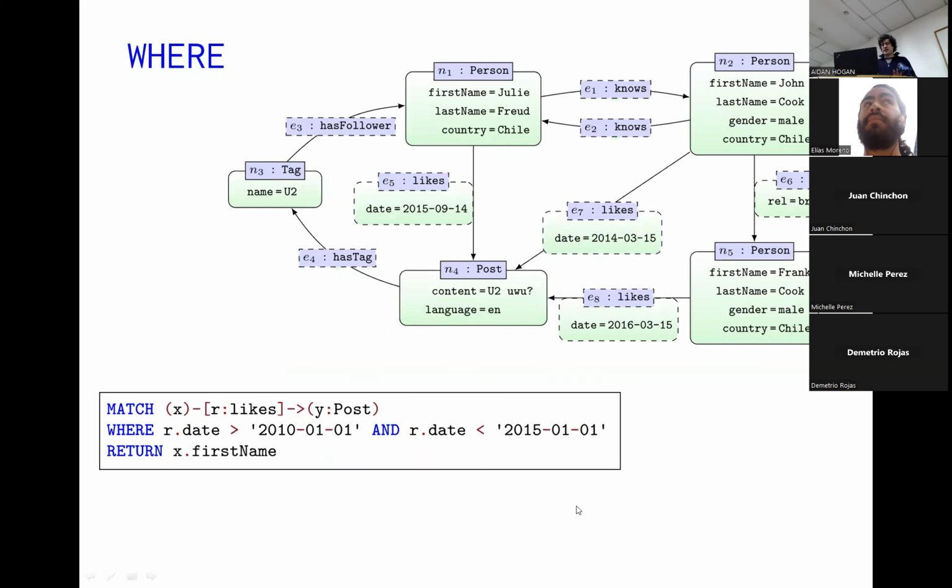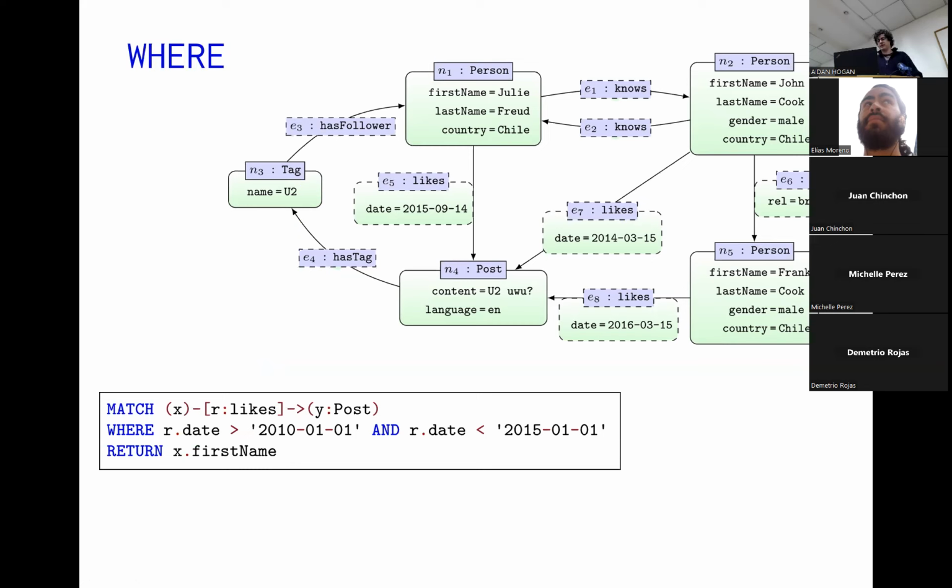So to take some examples, we add now this where clause here, where we can specify selection criteria on our graph. Yeah. So on the results that we return. So in this case, we have X likes some post, and we want to return X first name, but we want to make sure that the date of the likes relation is between 2010 and the start of 2014.